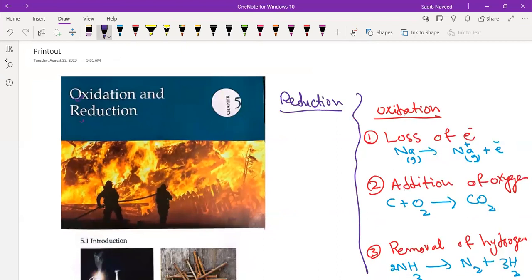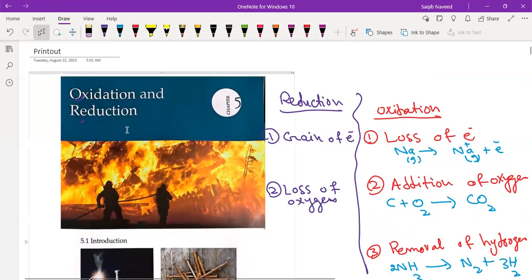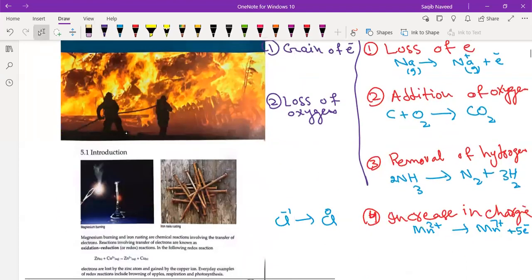Number one, the oxidation was loss of electron; this is gain of electrons. And number two, that was addition of oxygen; this would be loss or removal of oxygen. You may say loss, you may say removal, whatever. The same thing.